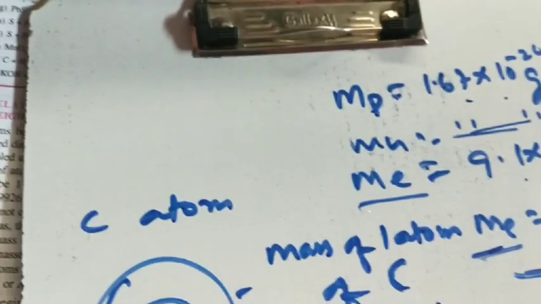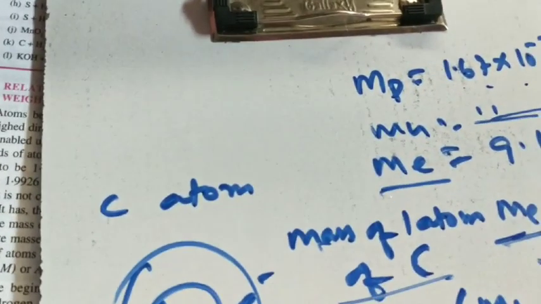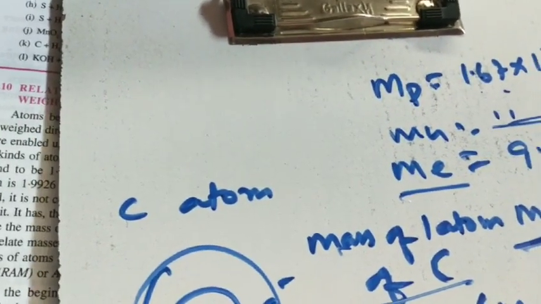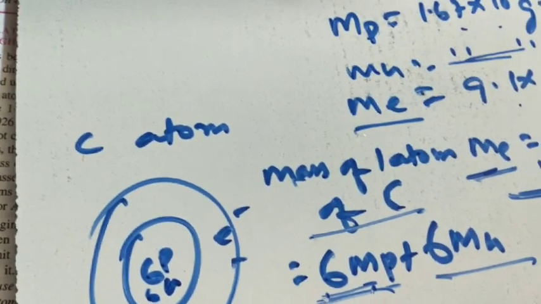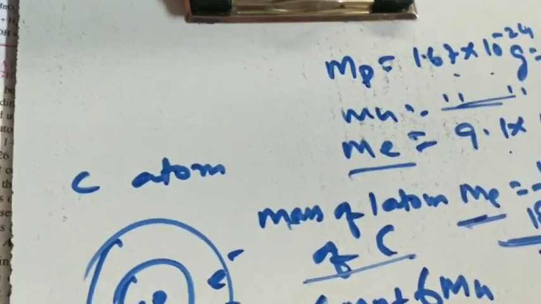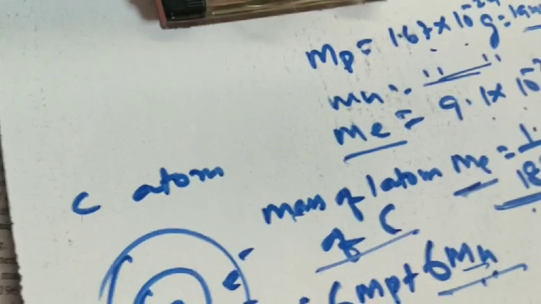The mass of one atom of carbon is equal to 6 masses of proton plus 6 masses of neutron, the summation of proton number plus neutron number. And we know that the mass of a proton and the mass of a neutron are equal.